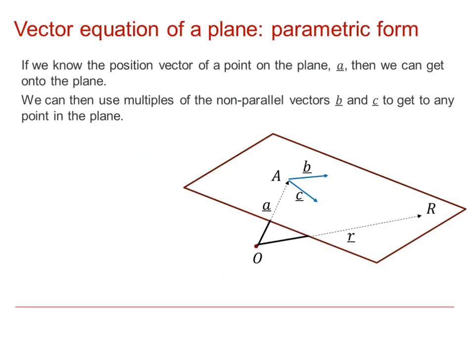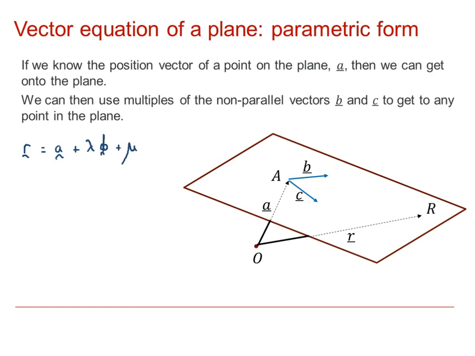So here's the general situation that we have then. We've got that the position vector of R, a general point on the plane, we can find from the known point A, and then multiples of the direction vectors B and C. The multiples will be different, so we tend to use lambda and mu for those multiples.